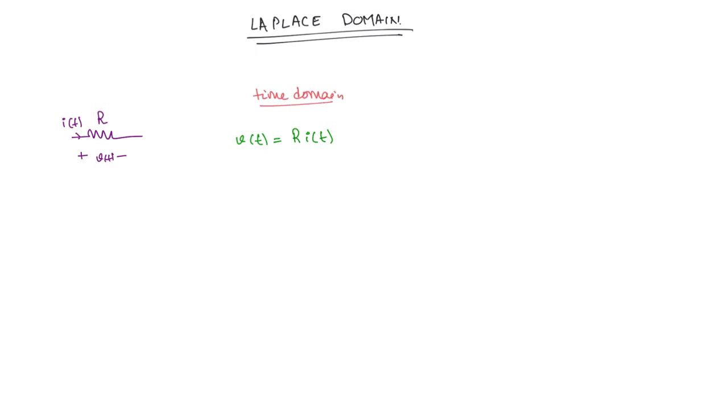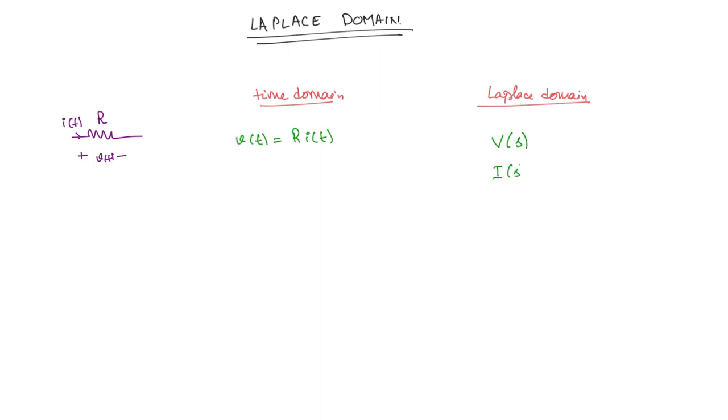Now we want it in the Laplace domain, that means instead of t there is going to be the variable s. What the Laplace domain is and how it is different from time, all that we will discuss in another subject, control systems or signals and systems. For now we will just see what the relation between V and I is if the voltage and current are given in the Laplace domain.